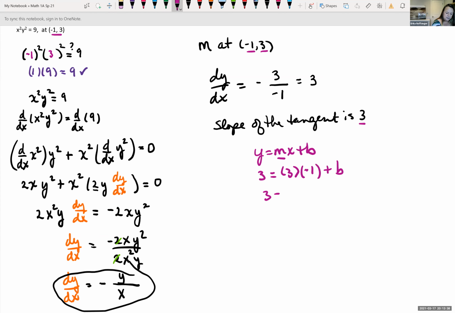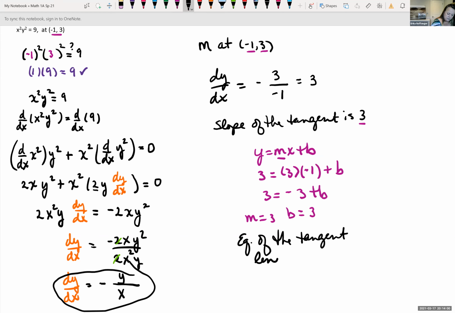So if 3 equals negative 3 plus b, so if I add 3 on both sides, my b value is 3. So with that and a slope of 3, my equation of the tangent line is y equals my slope 3 times x plus, and I made a mistake, right?